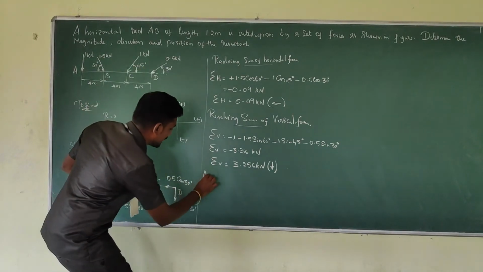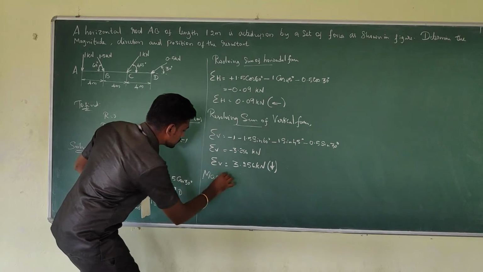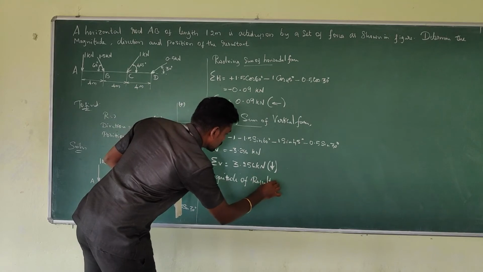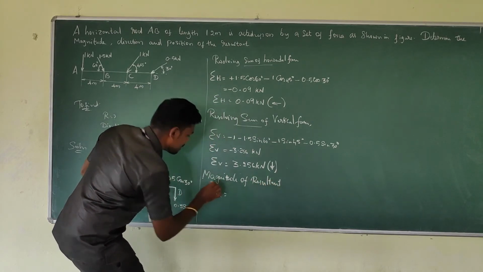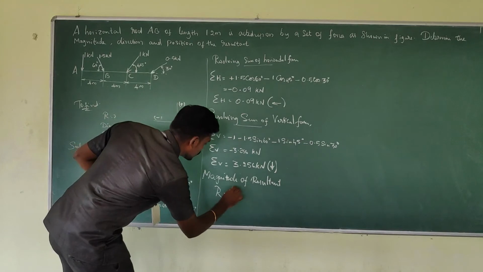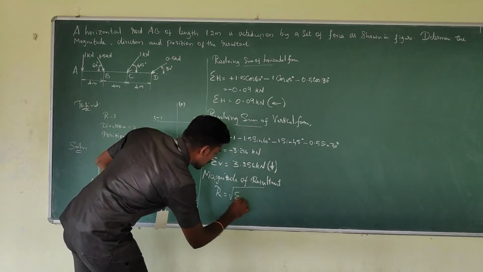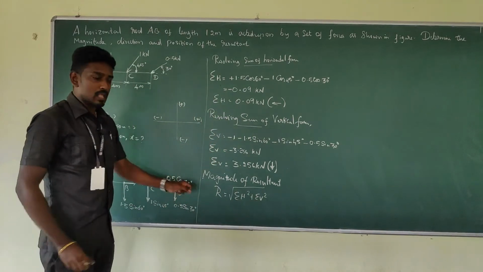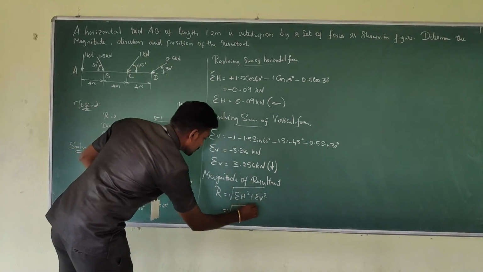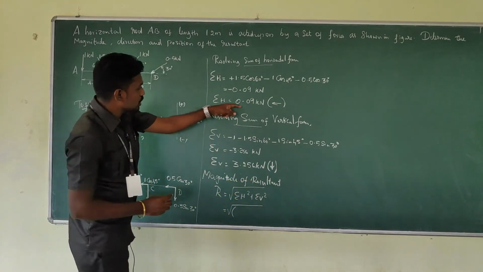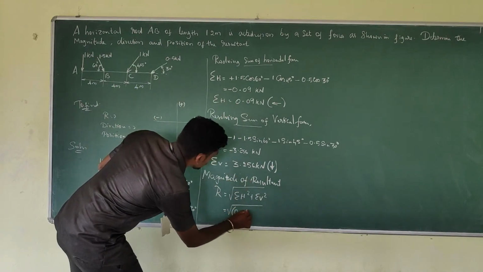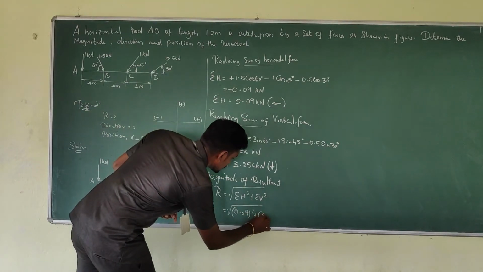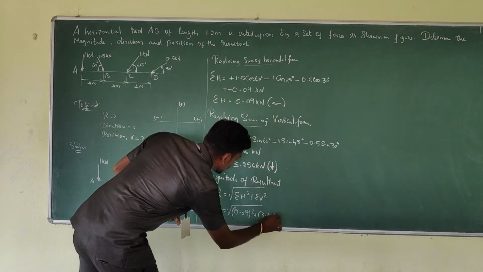Now we can identify the magnitude of resultant. So R can be identified by the formula root of sum of horizontal force square plus sum of vertical force the whole square. So here substitute the values. Sum of horizontal force is 0.09 whole square plus 3.256 the whole square.